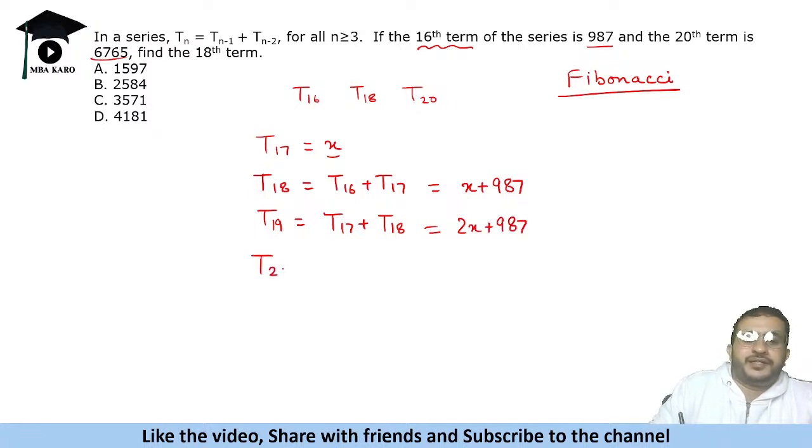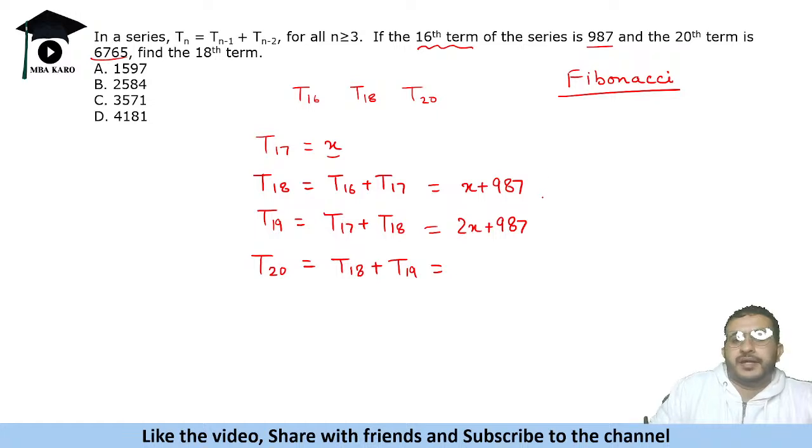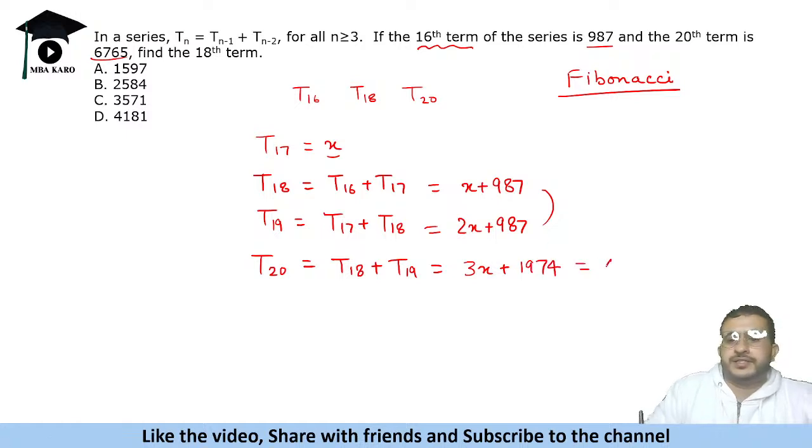Now 20th term is T19 and T18 का sum. Add these two. 3x plus 1974, which is given to us as 6765.